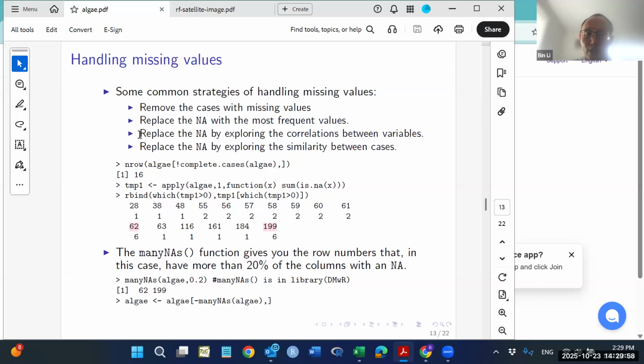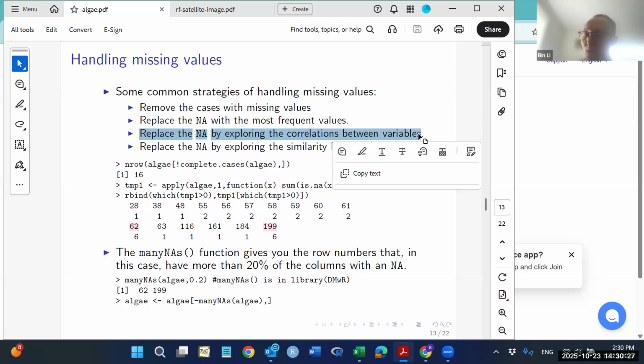Okay, but we can also replace the missing values through the correlation among the variables. Can we use that? Yes, when we can find some high correlations among the variables. Let's say x1 has some missing values, and we know x1 and x2 are highly correlated.